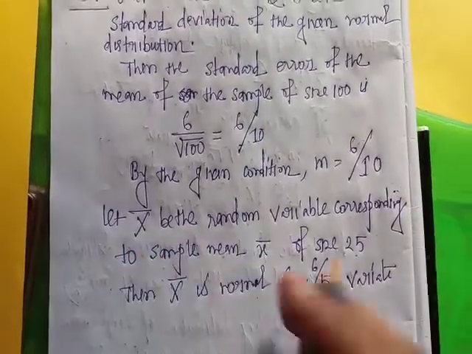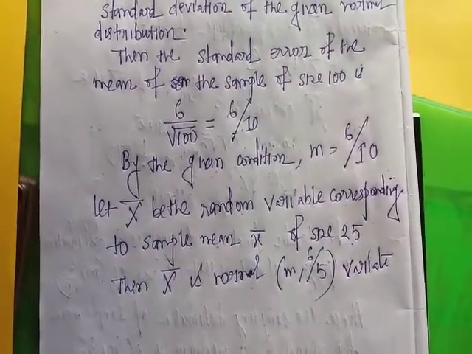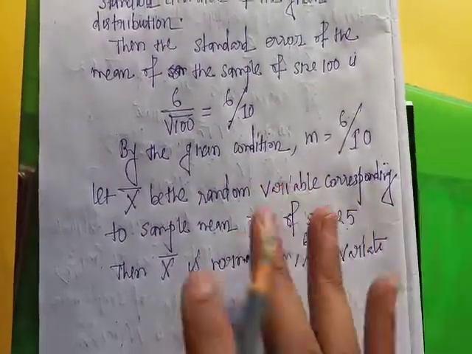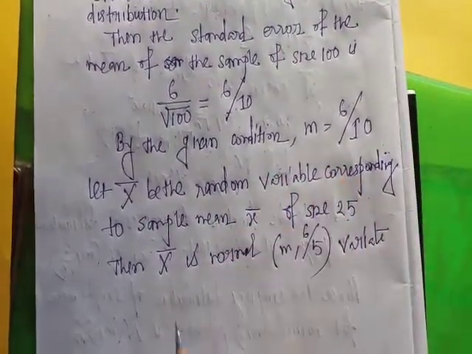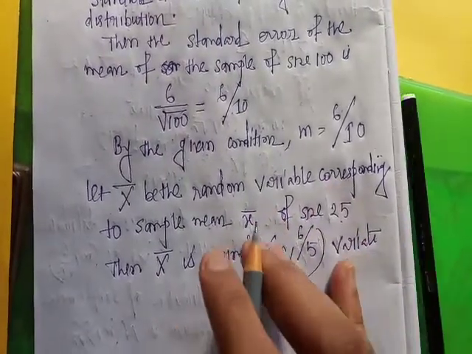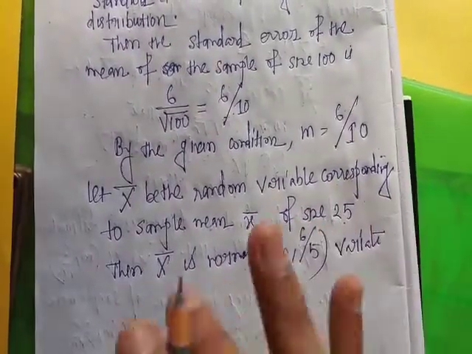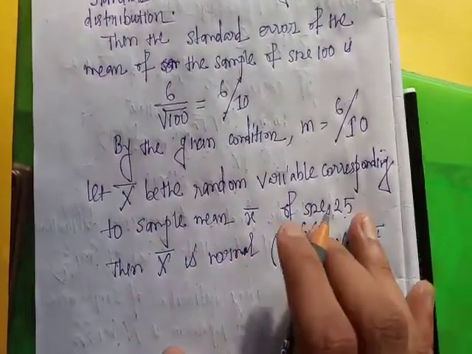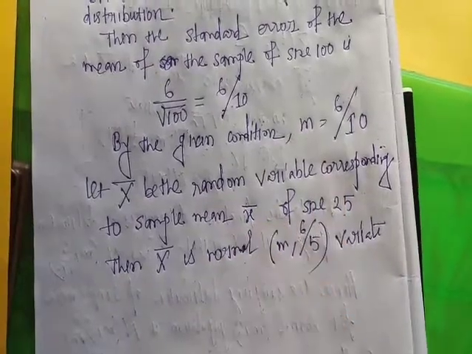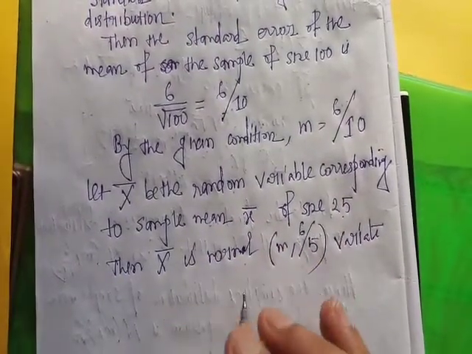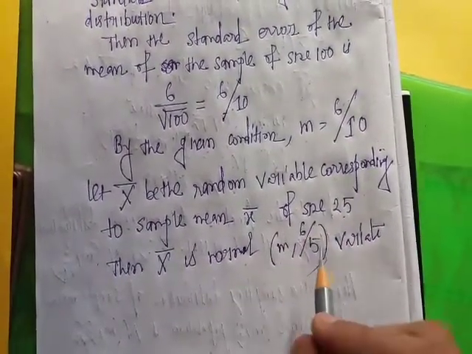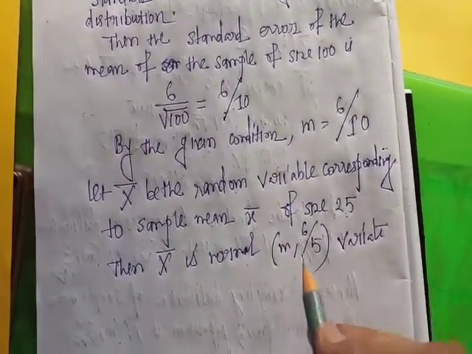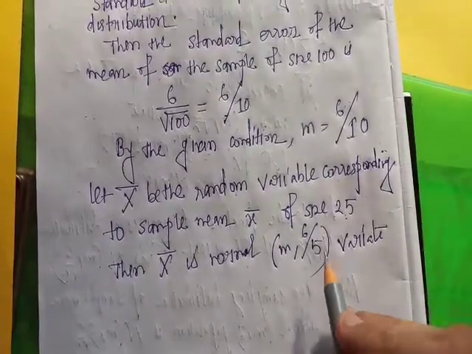We already discussed, if samples are drawn from normal m sigma population, then the sample mean is normal m comma sigma by root n variate. Here n is 25, so x bar is normal m comma sigma by 5 variate.